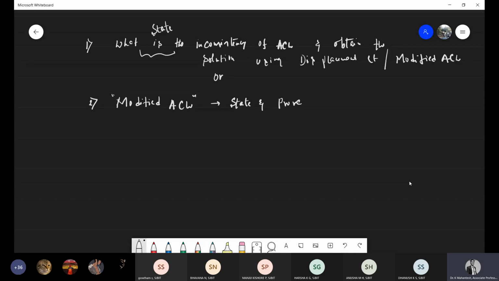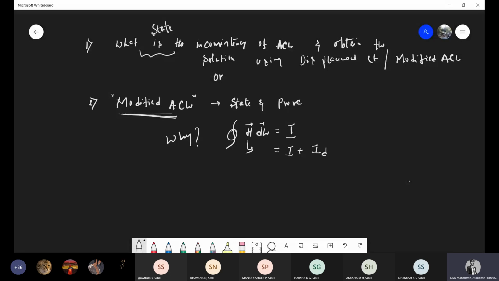But again, we are trying to explain the modified Ampere circuital law. What was the necessity to modify this Ampere circuital law, which was HDL is equal to I, and now it got modified to I plus ID? So why?